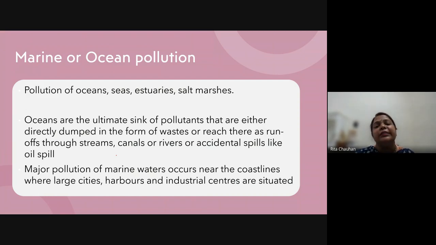But we should understand that oceans are part of our planet Earth. If it is affecting the entire ocean, then slowly it will affect us also. Then we have oil spills from the ships that also cause marine pollution.